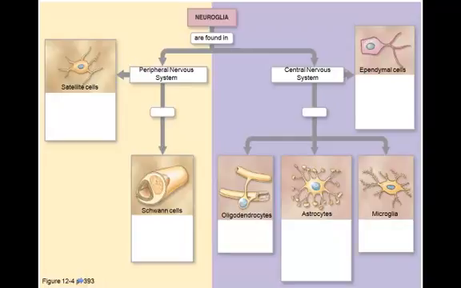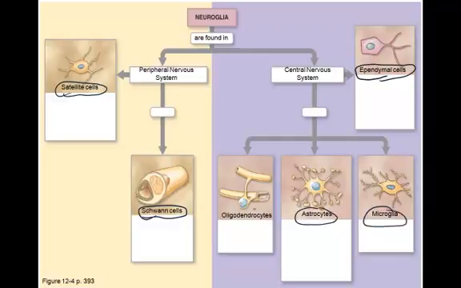The peripheral nervous system has two types of neuroglia: the satellite cells and Schwann cells, while the central nervous system has four types: ependymal cells, microglia, the astrocytes, as well as the oligodendrocytes.